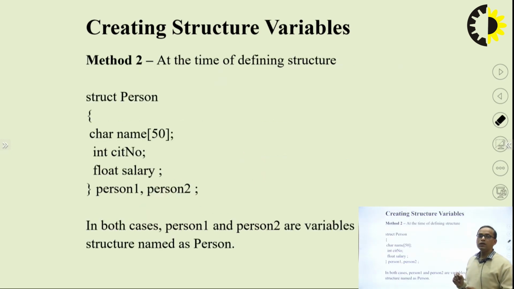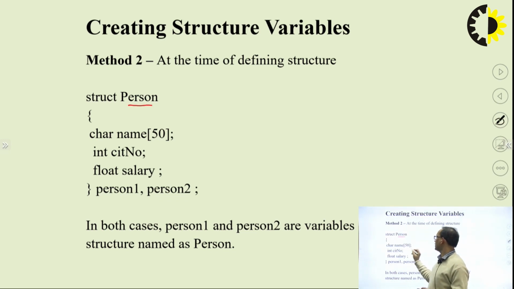Next, the second method of creating the structure variable is at the time of defining the structure. It means whenever we define the structure, at the same time we create the structure variable. Like here we are going to define a structure named person. These are the structure members, this is the first structure variable, and this is the second structure variable, and after that a semicolon.